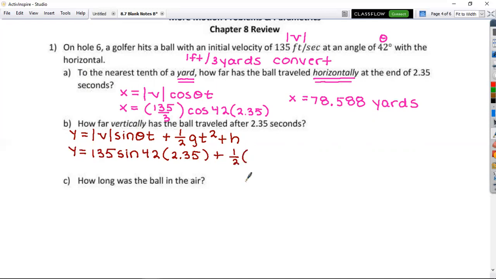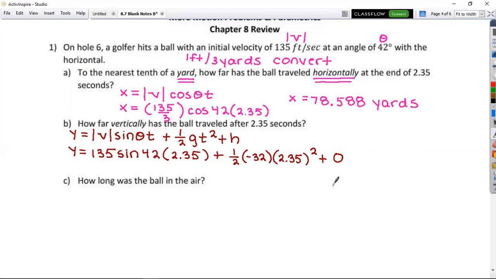and gravitational constant. So do you guys remember which one we are going to use for feet? Awesome. Yep, -32. Good. And then you're going to go times 2.35 squared, and then again, plus nothing. So if you want to put that there, you can. But again, with questions that have different conversions in them, make sure you label your units.